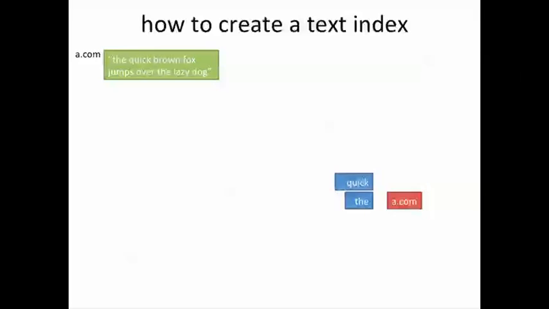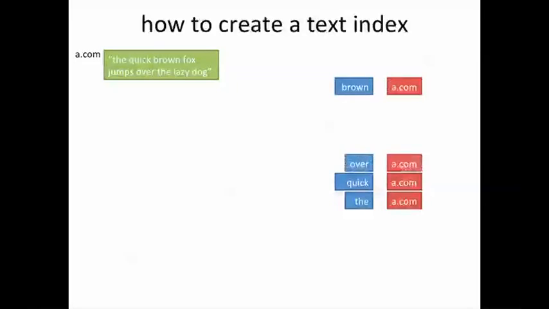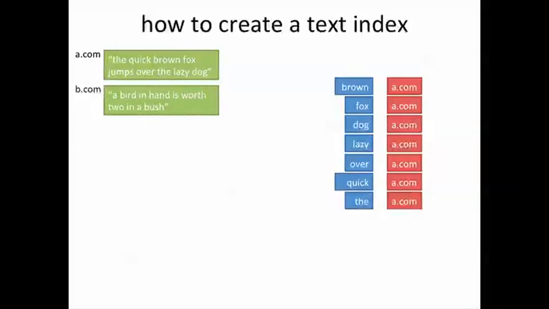Similarly, when we read the word quick, we enter a.com as the ID of this document against quick. Similarly for brown, similarly for over, and for other words in this document. Moving on to the next document, we do the same thing.